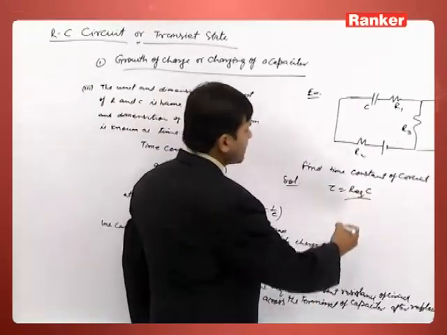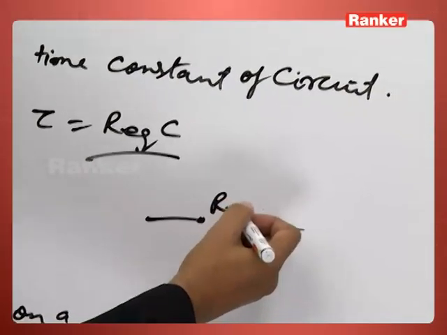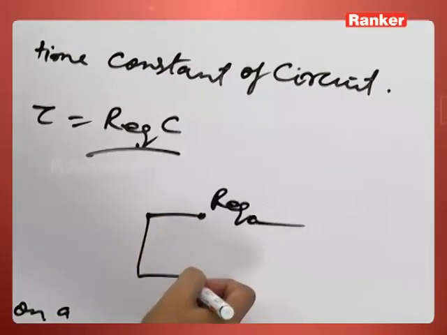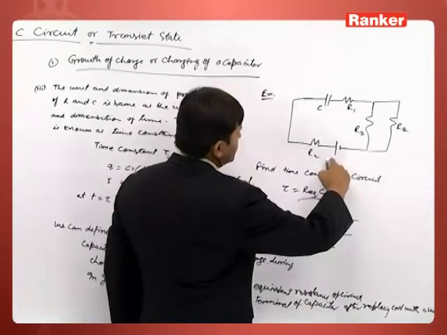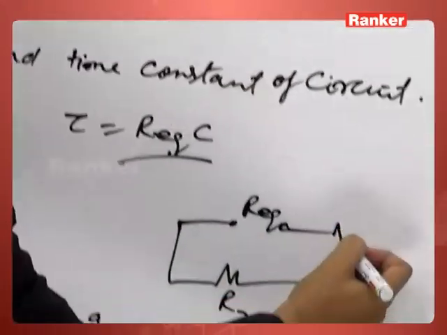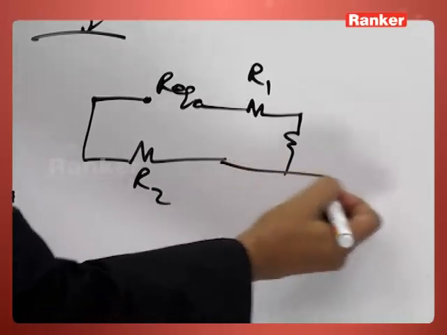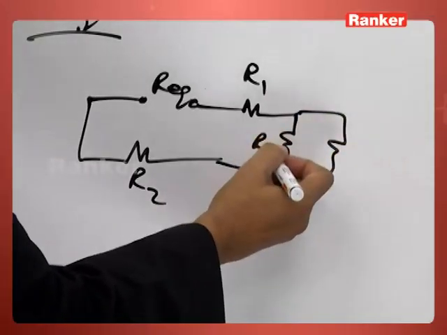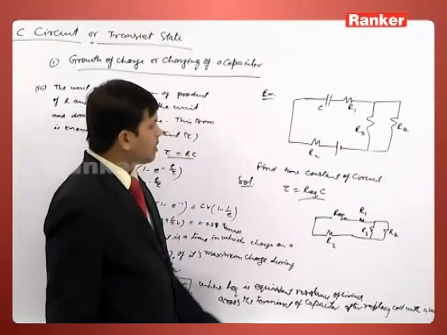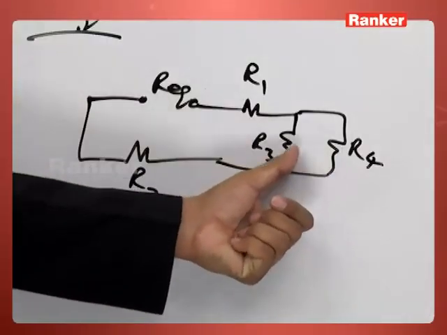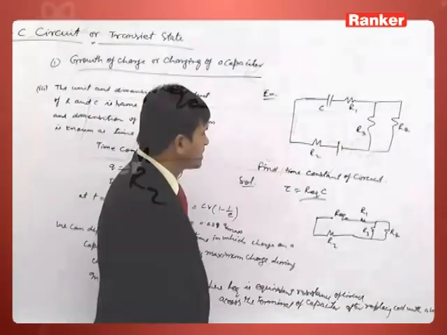It means just remove the capacitor, and across that point we have to find the equivalent resistance. So after replacing the battery with a wire, our circuit diagram will be like this: R1, R2, R3 and R4. Now from here these two are in parallel, and the remaining circuit is in series.